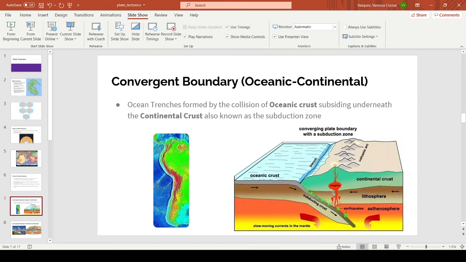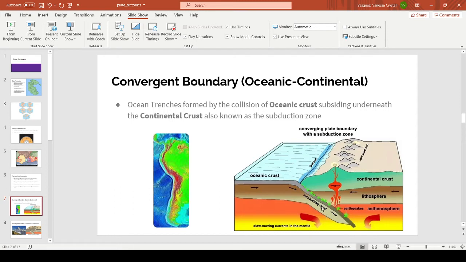is heating up, and the magma is rising, creating the volcanic arc on the continental land, as well as the formation of earthquakes. Due to the movement hitting against the other continental crust, it's creating earthquakes.